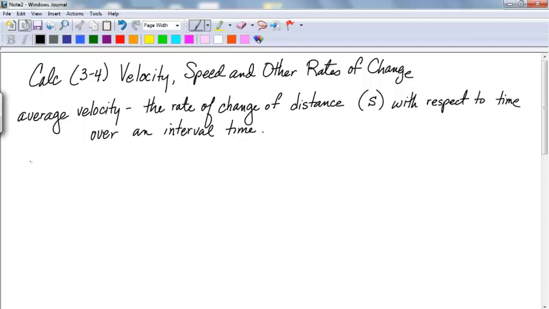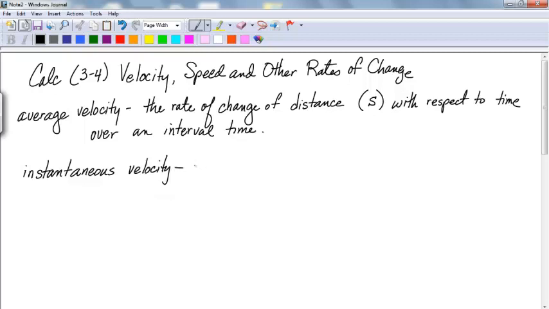Okay? Then the author is going to talk about the instantaneous velocity. That's like figuring the instantaneous velocity. Say, okay, you averaged 70 miles per hour, but I want to know at mile marker 25, how fast were you going? At mile marker 40, how fast were you going?